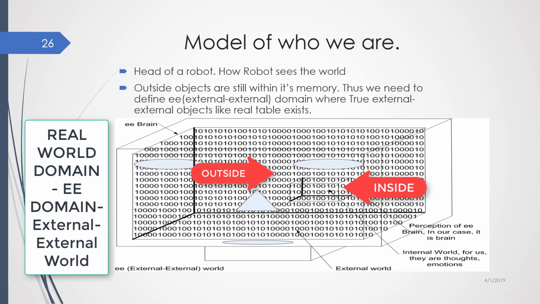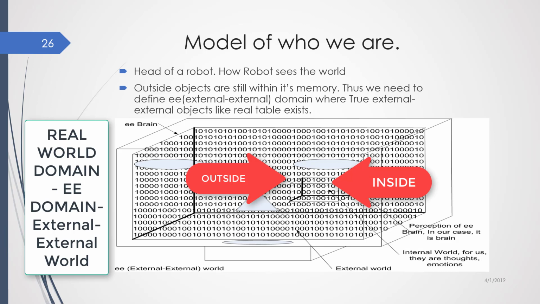Now let us clarify one more thing. The robot does not know anything about the physical solid objects in the real world domain. What it sees is the codified representation of solid objects in ones and zeros. So we need to define the domain of physical objects.